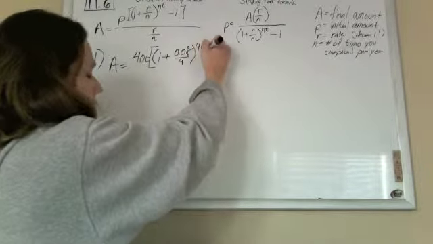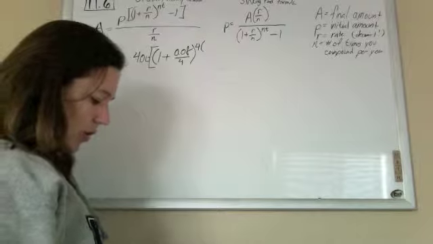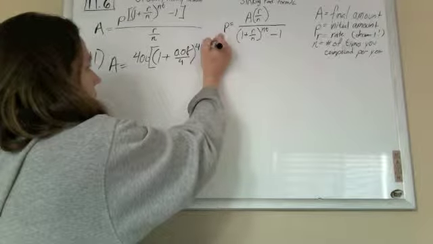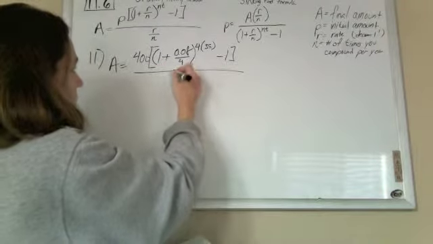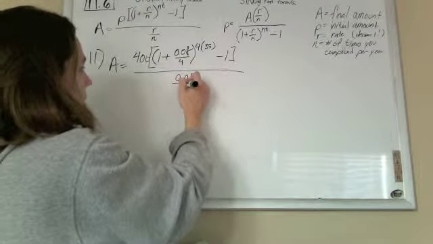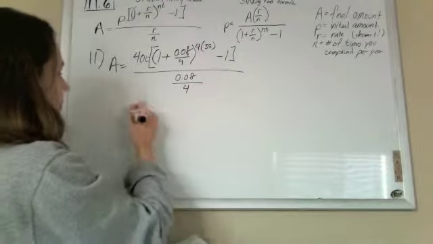Again, the n is 4, and we're doing it for 35 years. And minus 1. And it's all divided by 0.08 divided by 4.